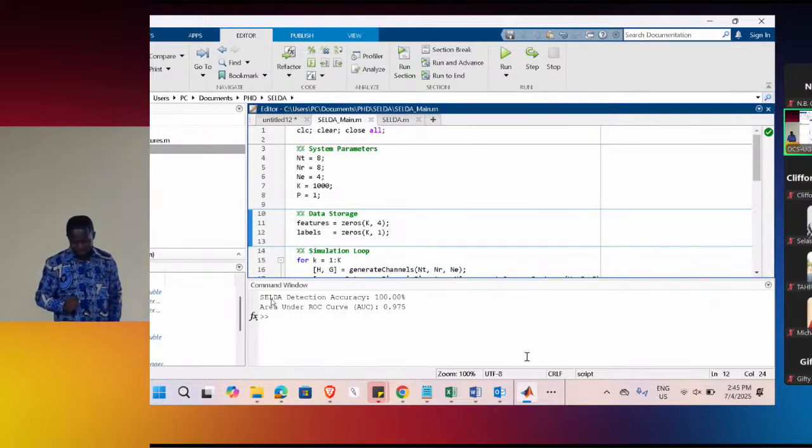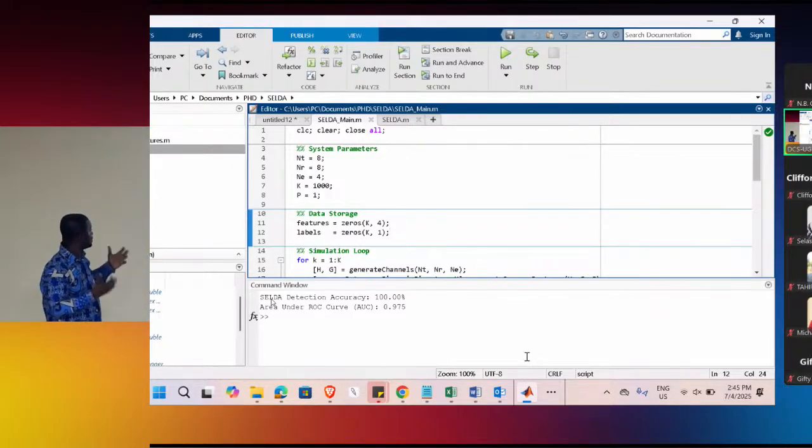So I have, to my left, where my current folders are, you see I've got different files. And the files include the compute secrecy features, evaluate CELDA, generate channels, and so on. Now, these are all blocks of algorithms that are intercommunicating.